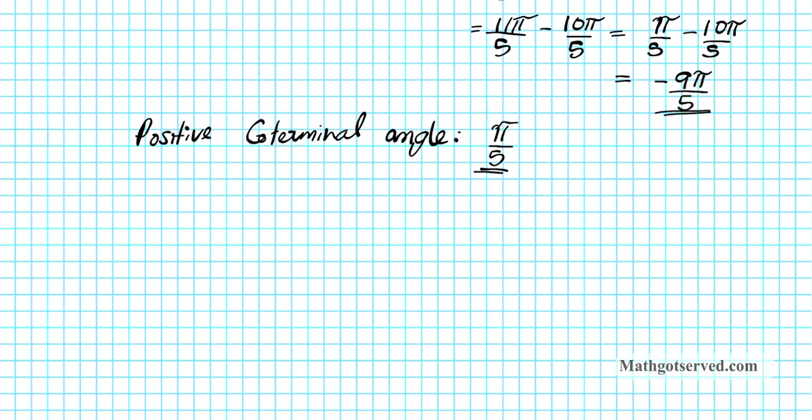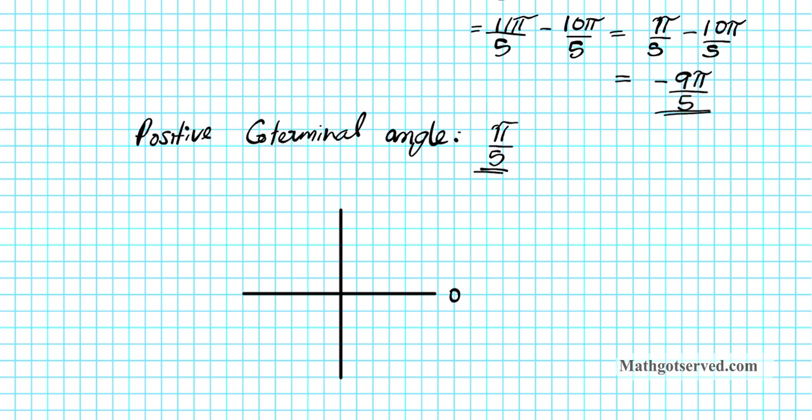So we're going to start with the initial angle, angle alpha, which is 11 pi over 5. So how do we graph 11 pi over 5? We know this is 0 degrees.